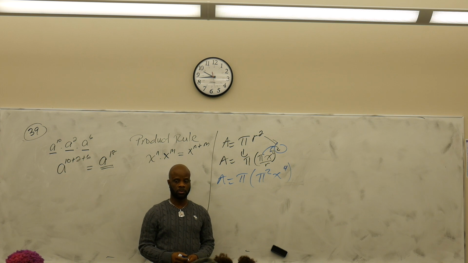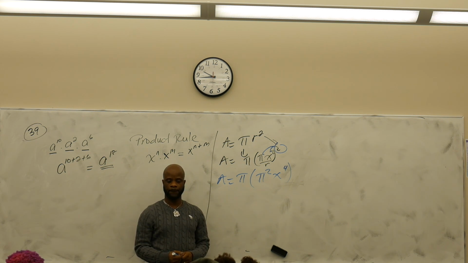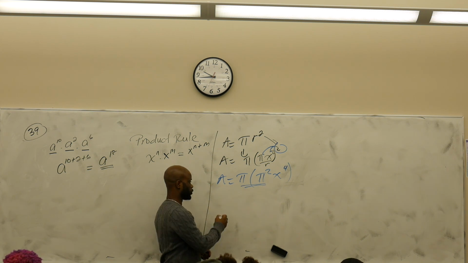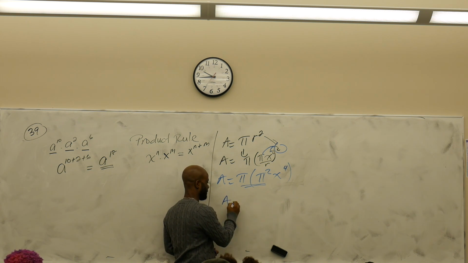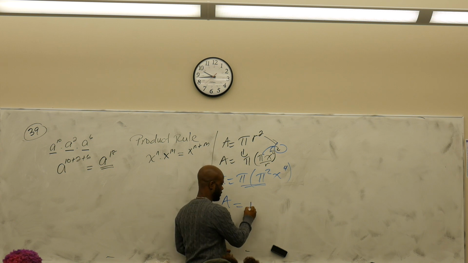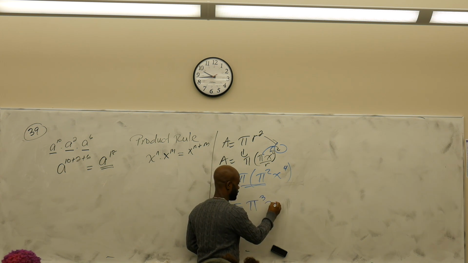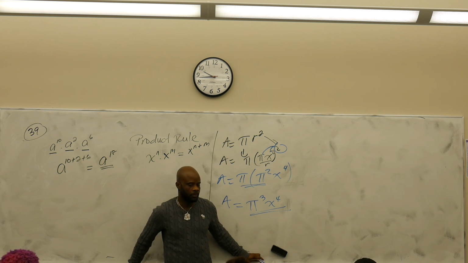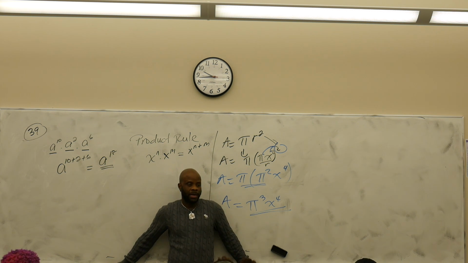Are we done? No. What do we do next? What's the total power on the pi? 3. Pi cubed x to the 4th.